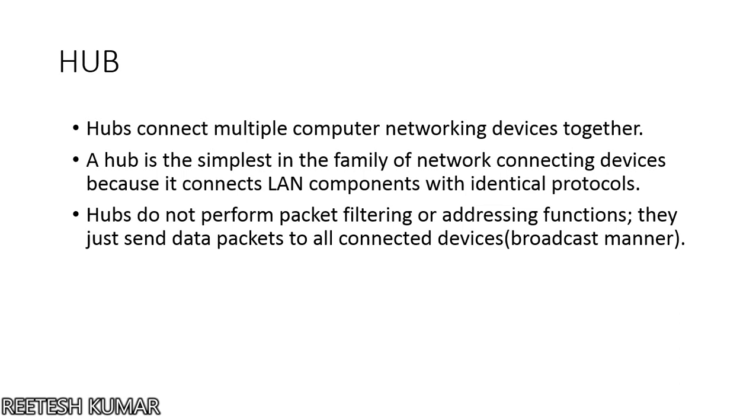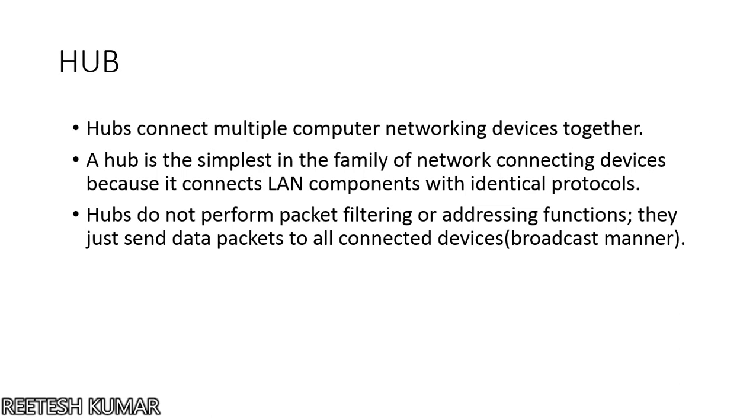The main problem with the hub is that it is sometimes also known as an unintelligent device. It simply copies the data and transfers it to all the nodes, all the ports connected, in a broadcast manner.